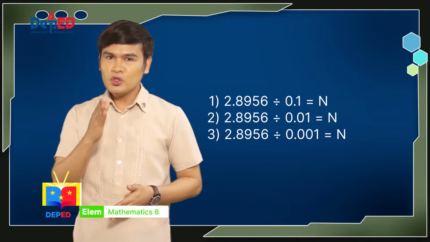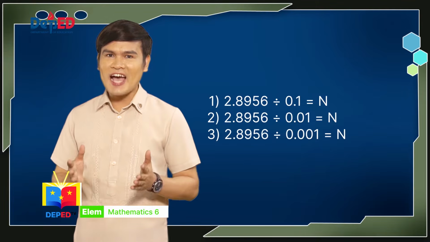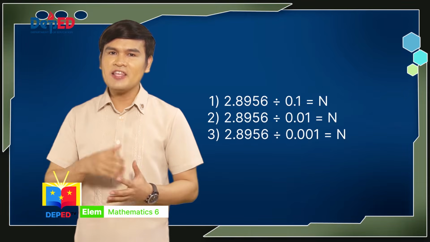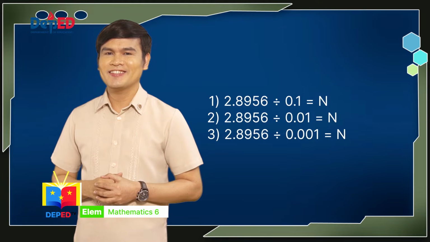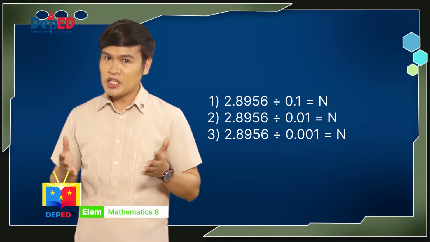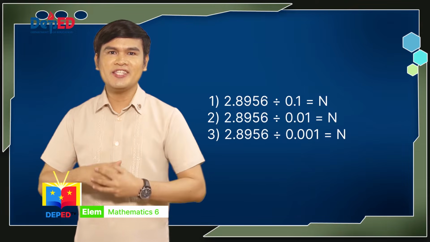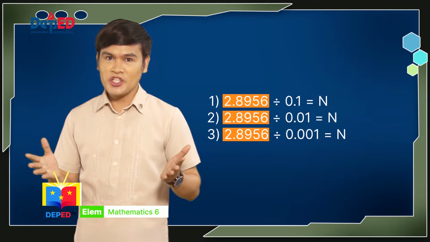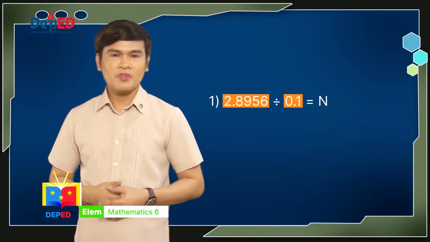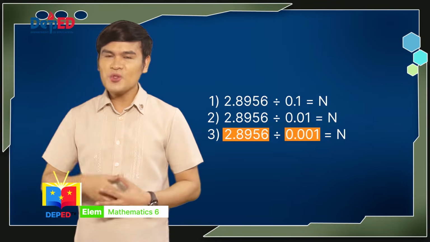Number 3, 2n 8,956 divided by 1,000th equals n. As you observe, we have the same dividend, but different divisors, which are 1/10, 100th, 1,000th.